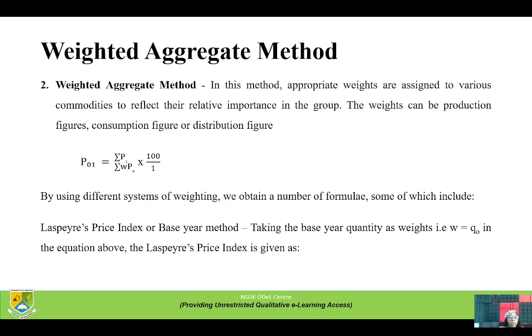And so here we'll move on to the weighted aggregate method. In this method, appropriate weights are assigned to various commodities to reflect their relative importance in the group. The weights can be production figures, consumption figures, or distribution figures.